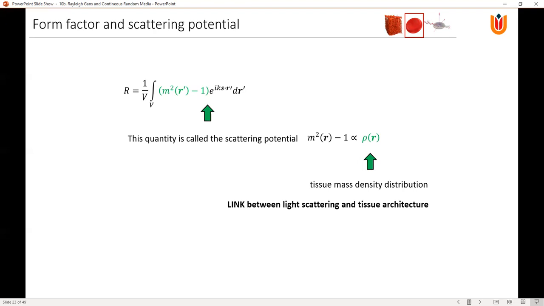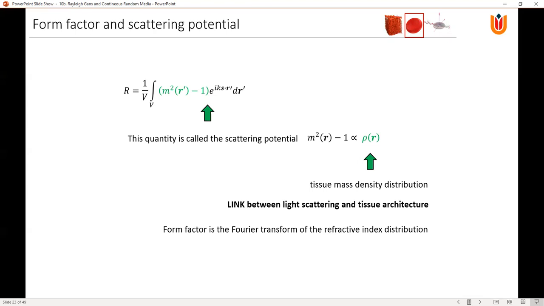Through this form factor, it will be reflected in the scattered field, and through the scattered field, it will be reflected in the scattered intensity, and through the scattered intensity, it will be reflected in the measured properties. So this is a link between light scattering from a localized volume and the architecture of tissue.